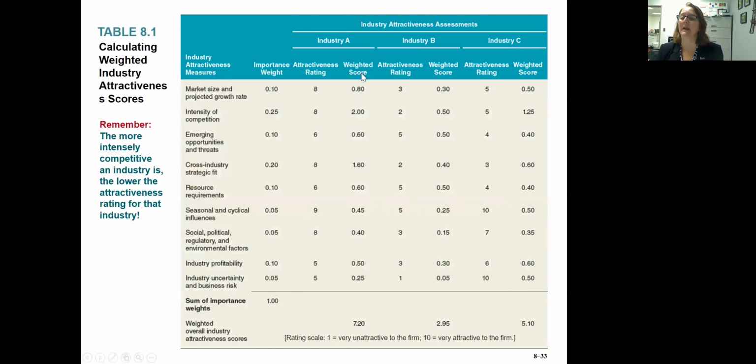And then at the end, you add up the weighted scores, and which one are you going to choose? You're going to choose the highest score, so industry A is the most attractive, and that's where you would want to invest. So this type of rating is done for industry attractiveness.